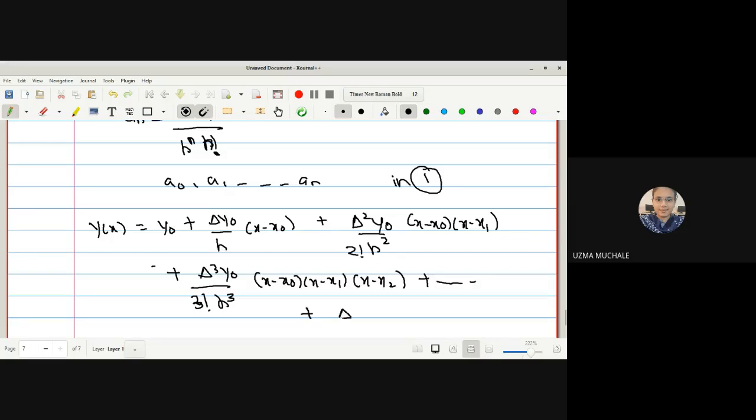What will be the last term? Del raised to n y0 divided by n factorial into h raised to n, x minus x0, x minus x1 and so on, x minus xn minus 1.